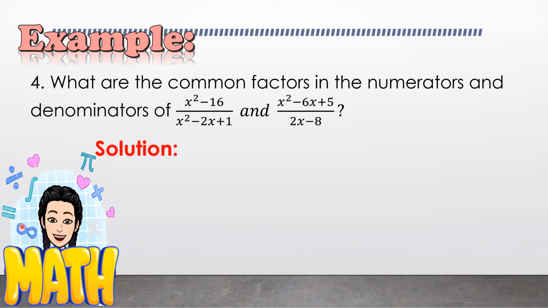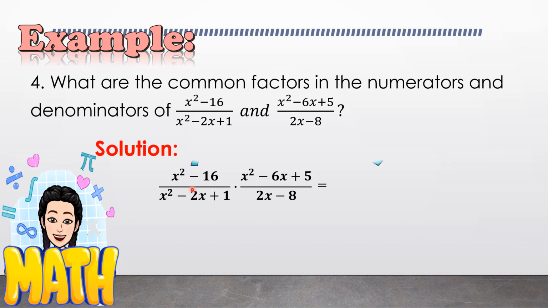Para makuha natin ang common factors, kailangan muna natin i-express ang mga expression natin as factored form. Para sa x squared minus 16, since difference of 2 squares yan, magiging equal yan sa x plus 4 and x minus 4.